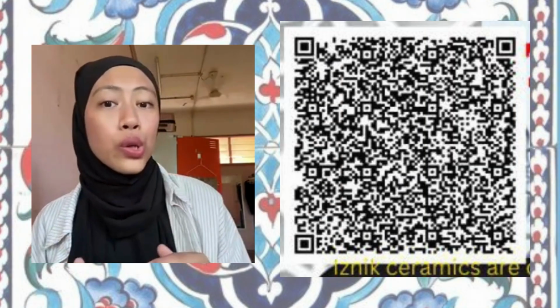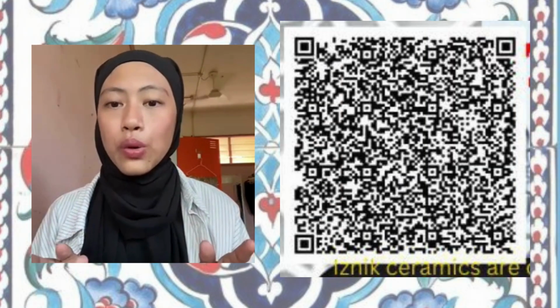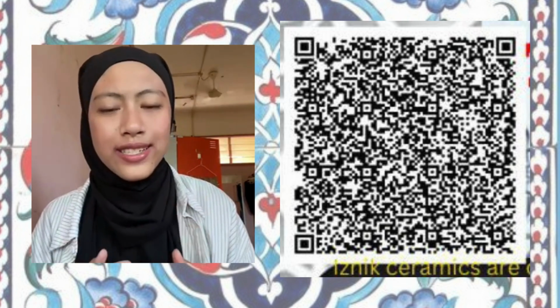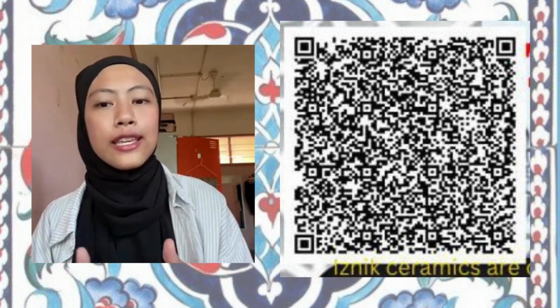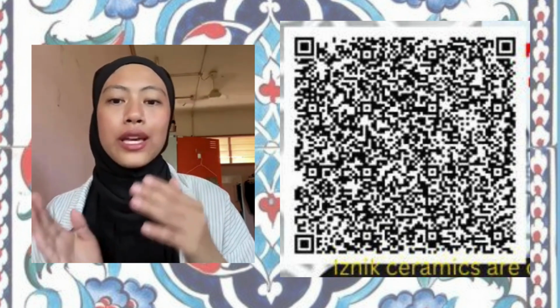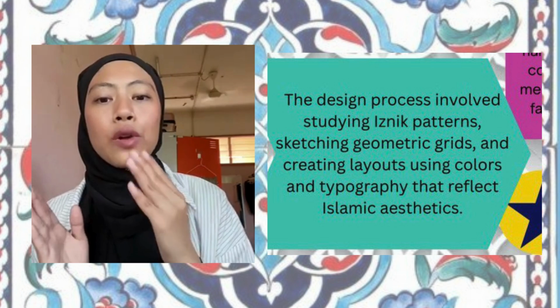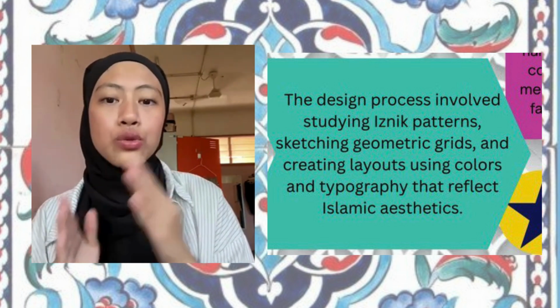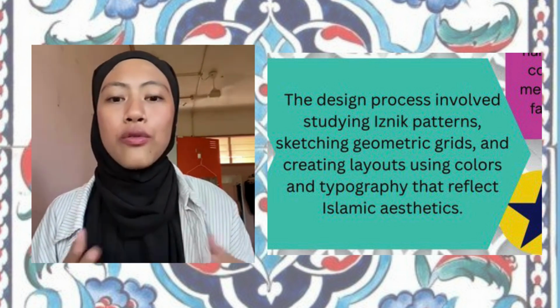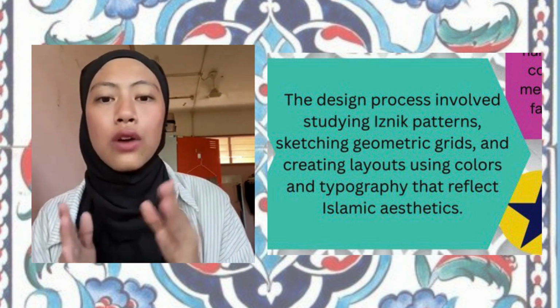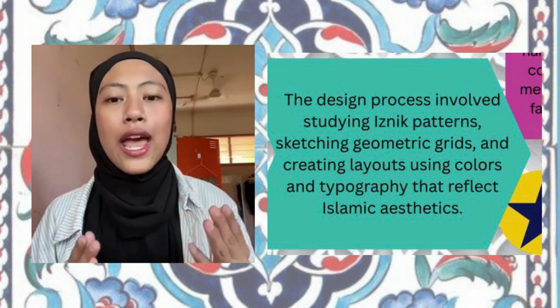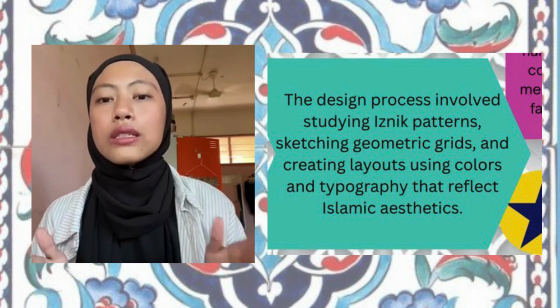I also created a QR code linking to my references, keeping the design neat while meeting academic requirements. Each design decision, from typeface to diagram, was chosen to reflect the spirit of Iznik and Islamic art as a whole.